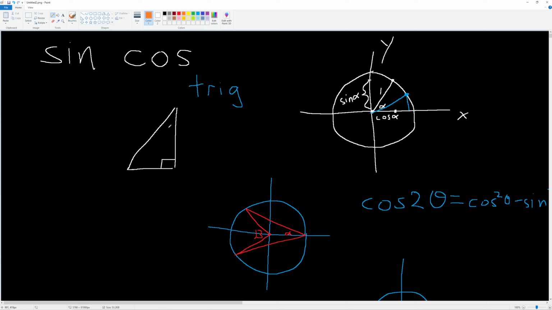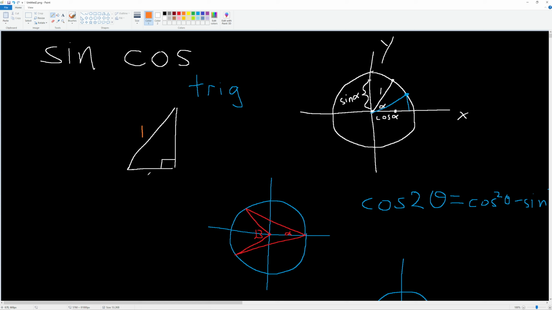Okay, so let's go back and talk about the ratio of the right angle triangle stuff. So you have some triangle, and I'm again going to say that this hypotenuse, this part of the triangle that's opposite of the right angle, we call that the hypotenuse. I'm going to just say that that's length 1 for right now.